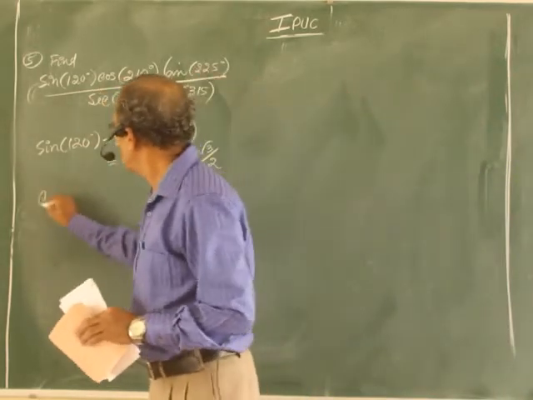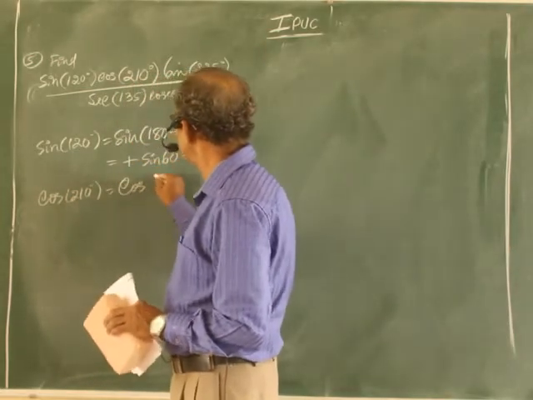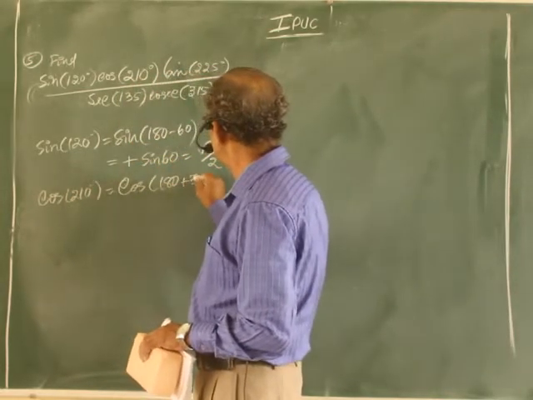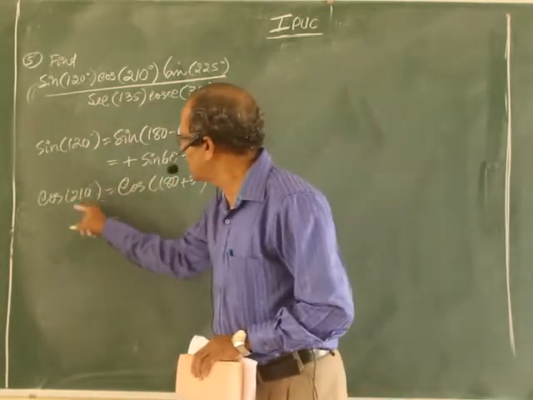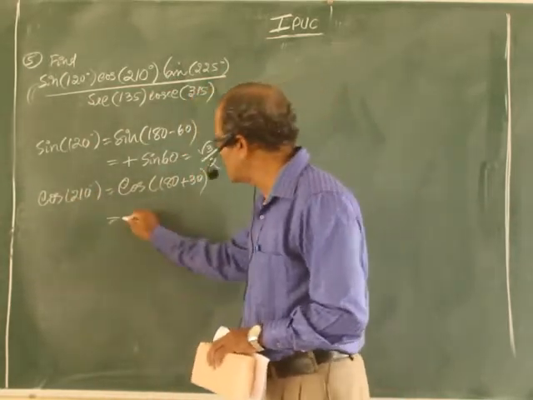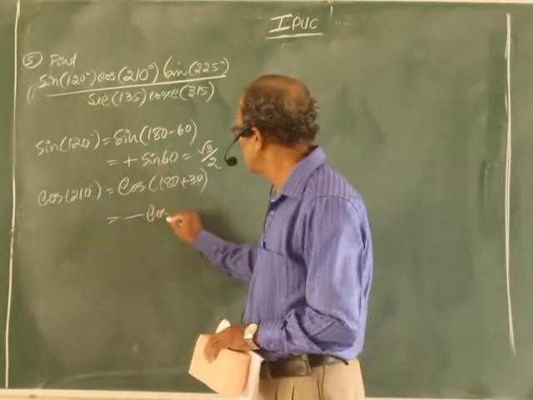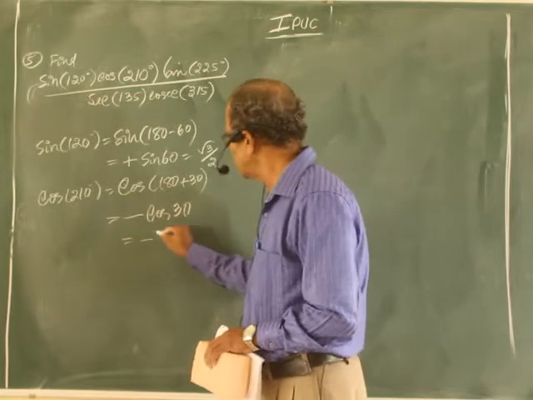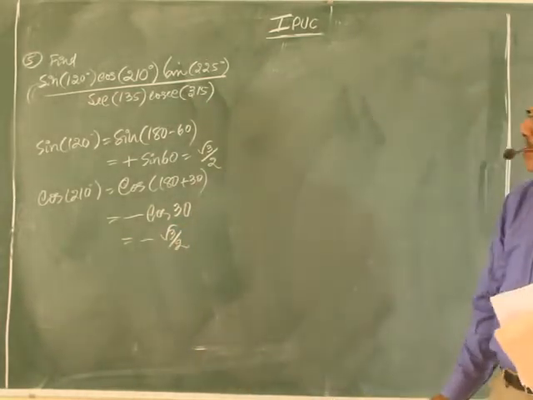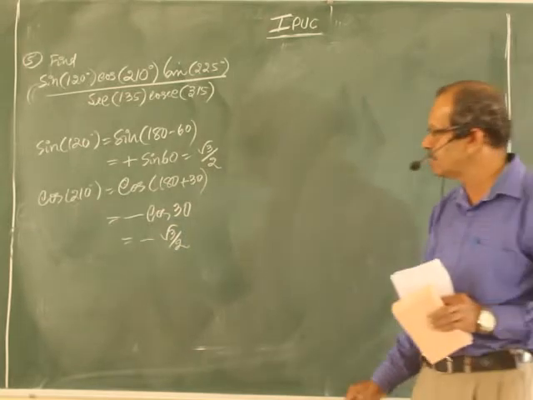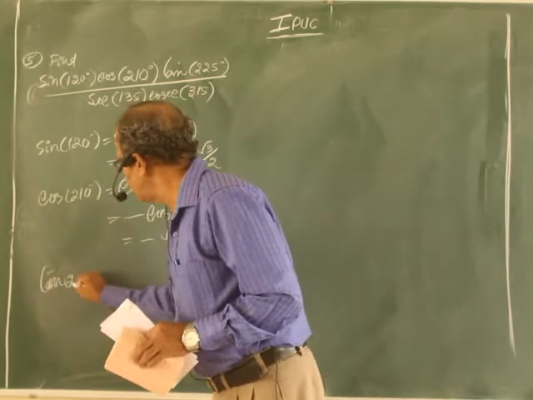This one cos 210, standard form is 180 plus 30. Quadrant number third, cos is negative. Since you have written 180, cos remains same. So it is minus root 3 by 2. Cos 30 is root 3 by 2. Tan 225.